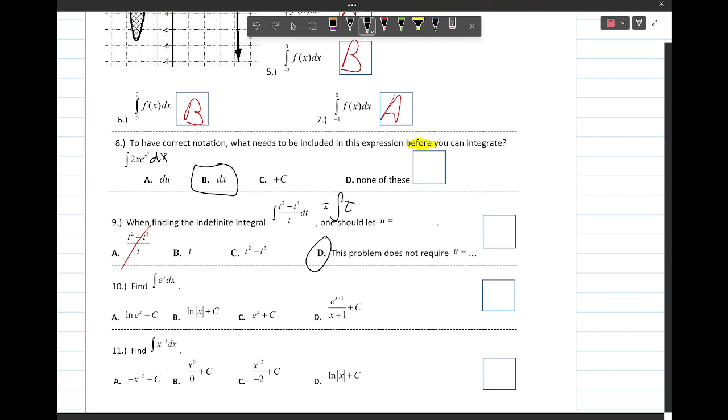So you'll divide both of them by t, or you can factor out the t from both of them, cancel with the denominator, and you'll get dt.